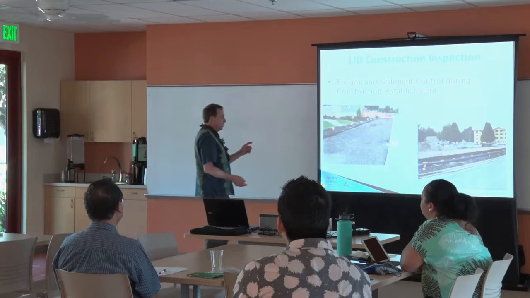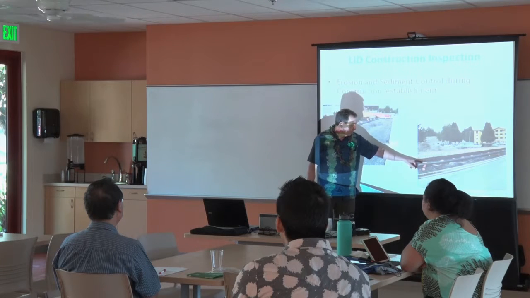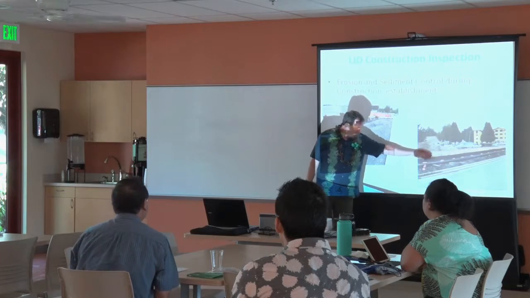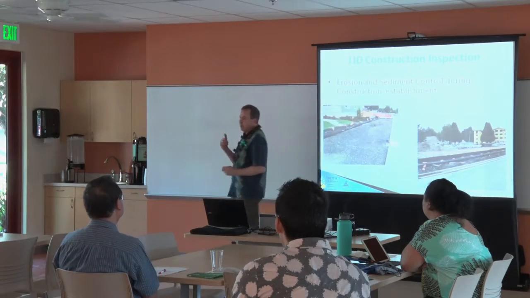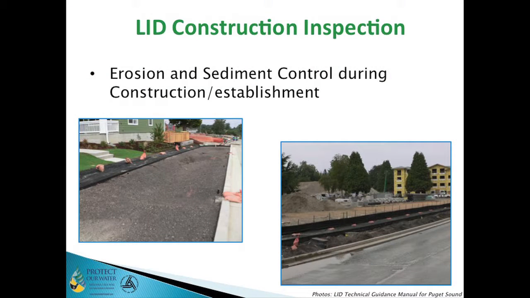You'll also see the importance of having controls. You've got a silt fence here to prevent the sediment from the construction from, again, getting into your infiltration feature. It's a little different than a lot of times in the past. If we had a project that had a sediment pond in it, we build that sediment pond first, and we use that as a sediment trap during construction.